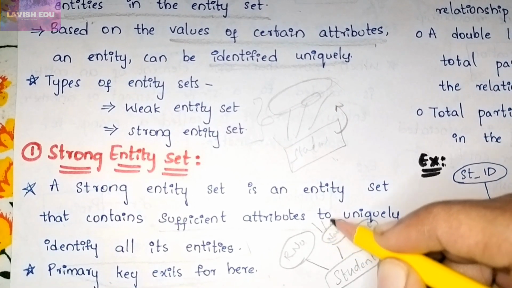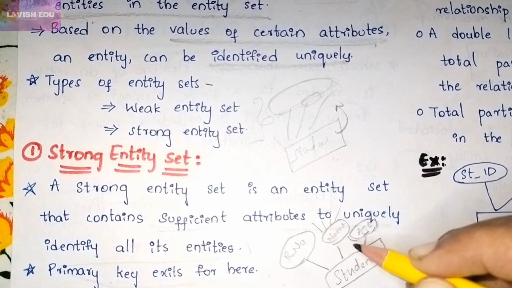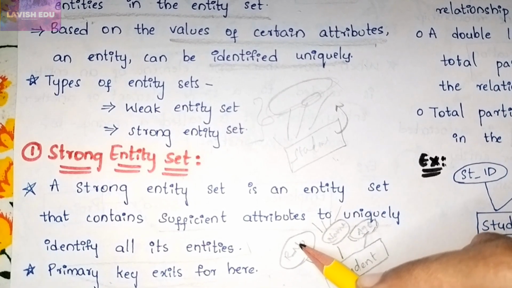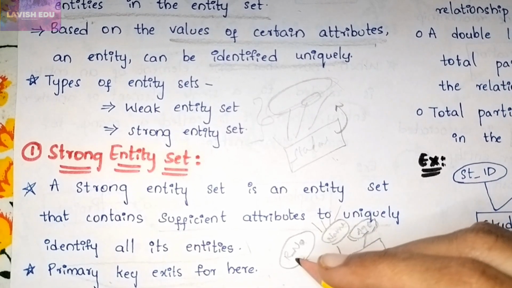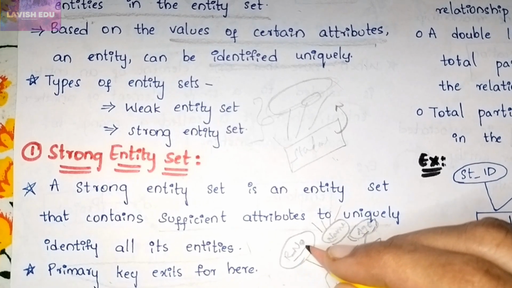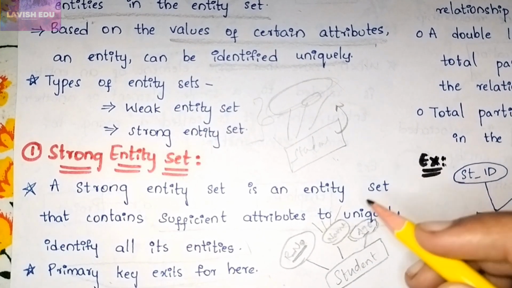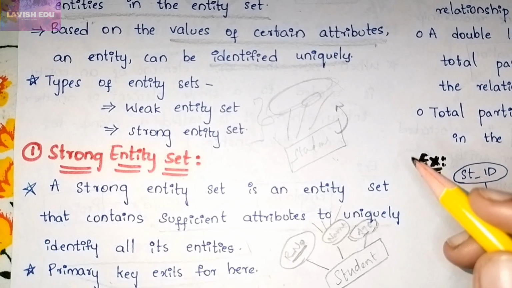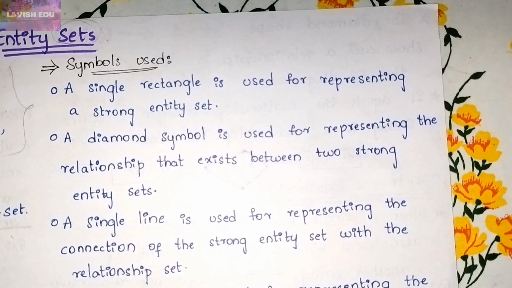A name can be subdivided into composite attributes, whereas age can vary from one year to another. But the roll number can identify a student uniquely. It can't be changed, and it is single for a single person. So this can become the primary key, and it is represented by underlining it. The primary key is nothing but an attribute which uniquely identifies the entity.